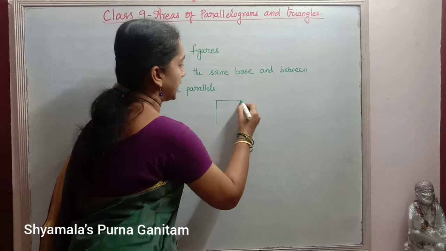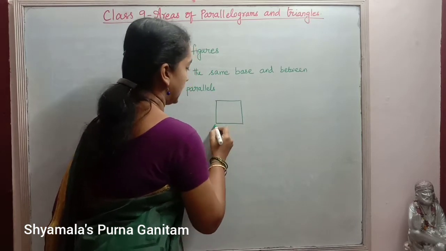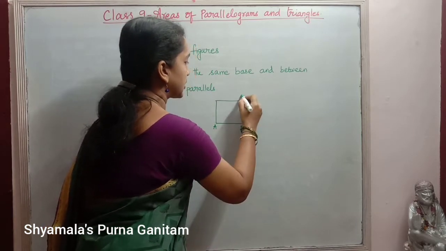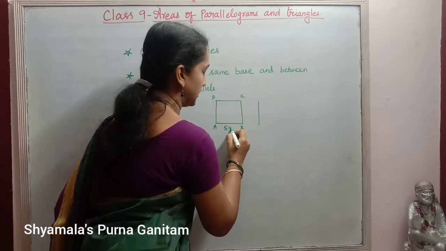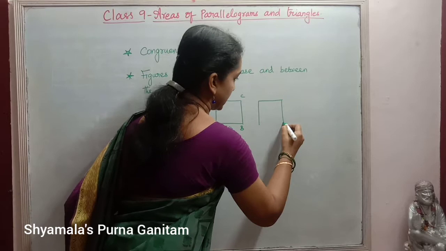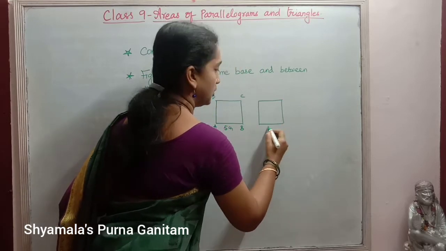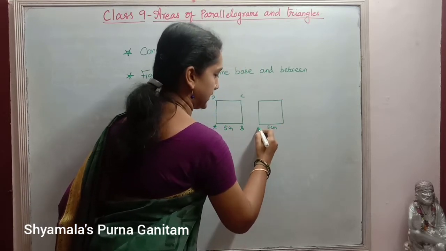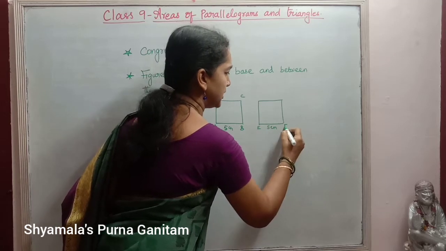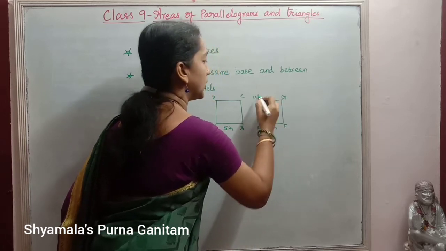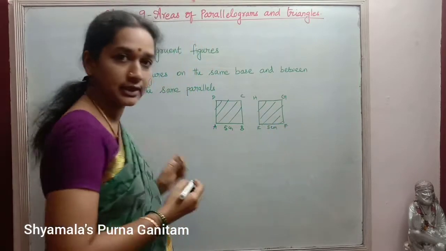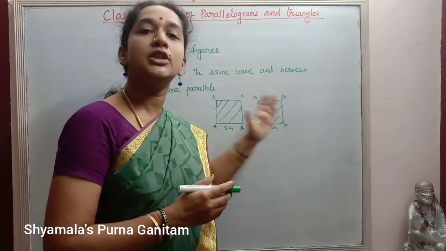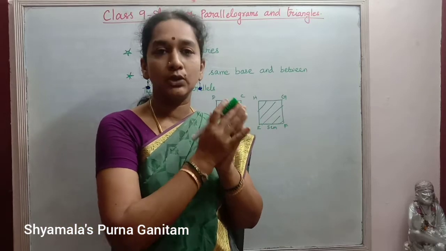So if we take a square ABCD with a side of 5 centimeters, another square EFGH with the same 5 centimeters as the side is called a congruent figure. So these two figures are said to be congruent since both the squares overlap one above the other.